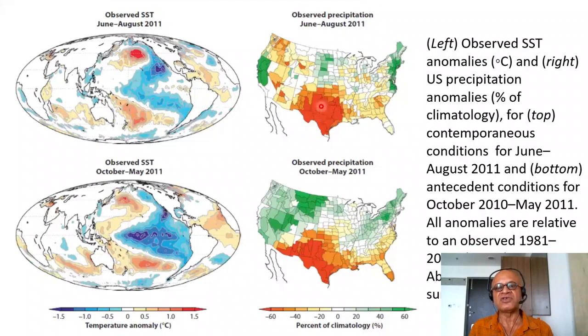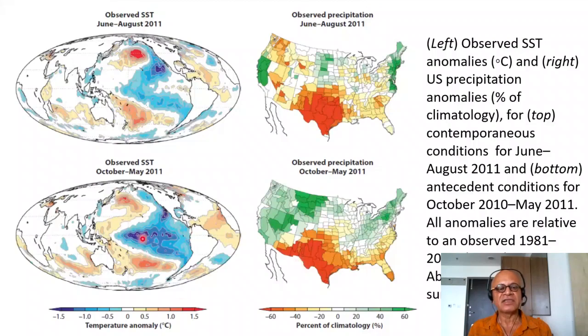So this is a serious drought here, and the percent of climatology was excess here and here. So if you want to focus on the event here, you observed SST anomalies on the left, and US precipitation anomalies for contemporaneous conditions for June to August 2011. And these are the antecedent conditions for October 2010 to May 2011.